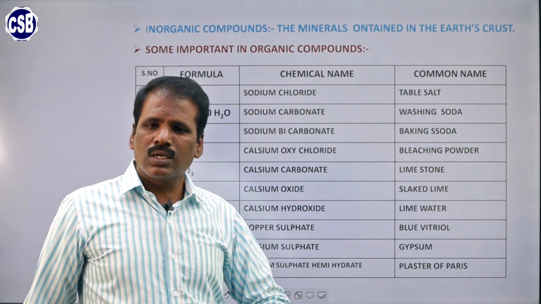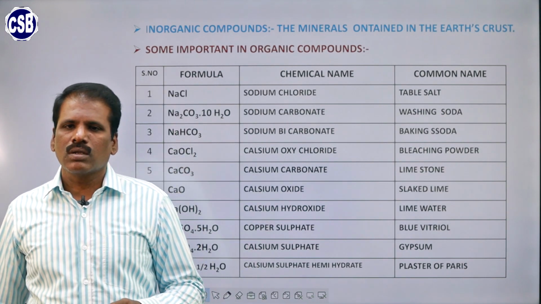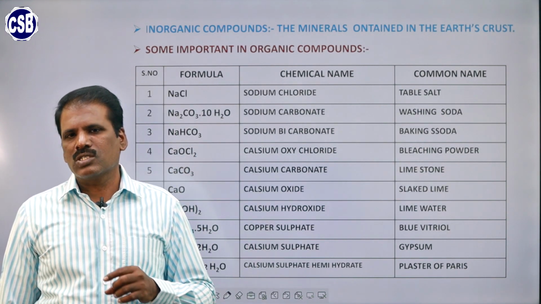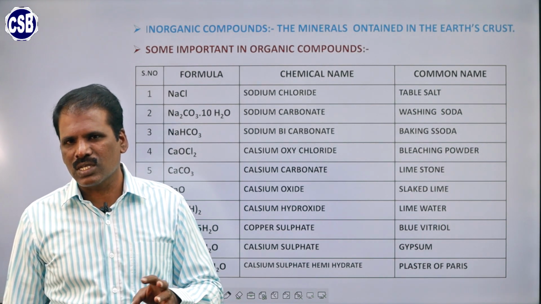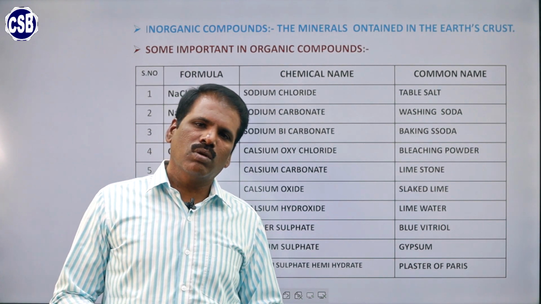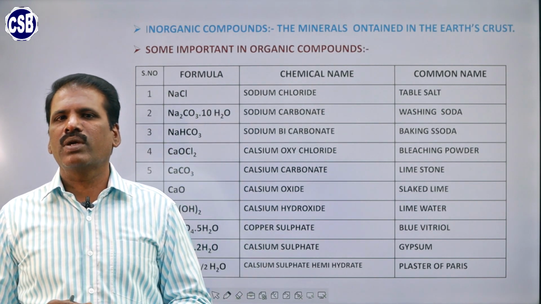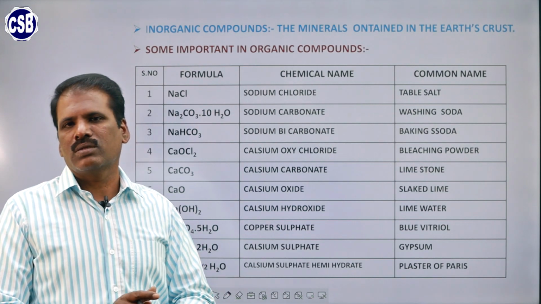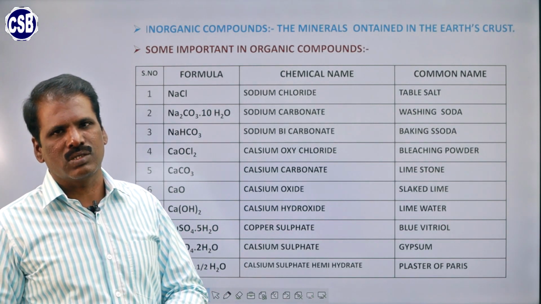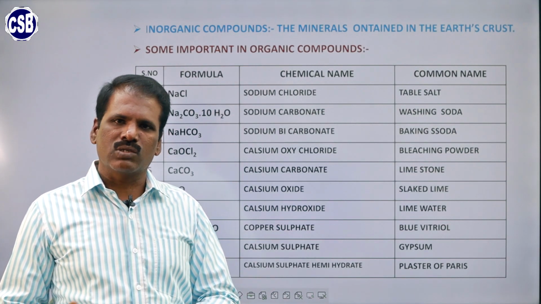The third one is metalloids. Metalloids are substances that possess both metallic as well as non-metallic characters. Examples are silicon and germanium, arsenic and antimony.